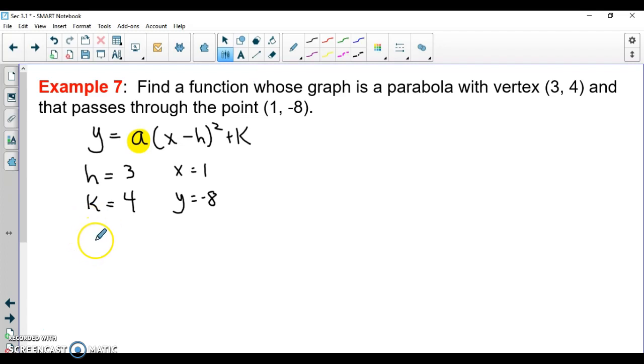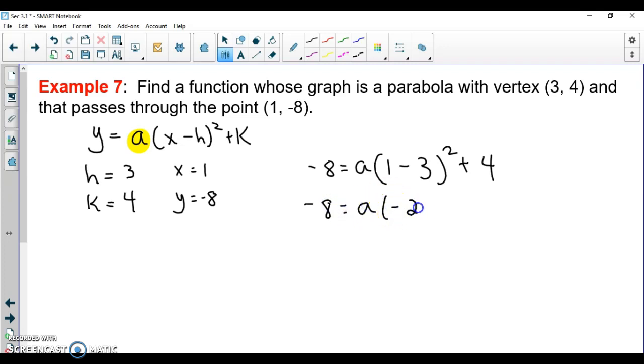So I get my y value, I'm going to plug it in and solve. So I'm going to do -8 equals a times my x value, which is 1, minus my h, which is 3, squared, plus my k value, which was 4. Now it just becomes algebra. So I get -2 squared plus 4. -8 equals a times, -2 squared is 4, plus 4.